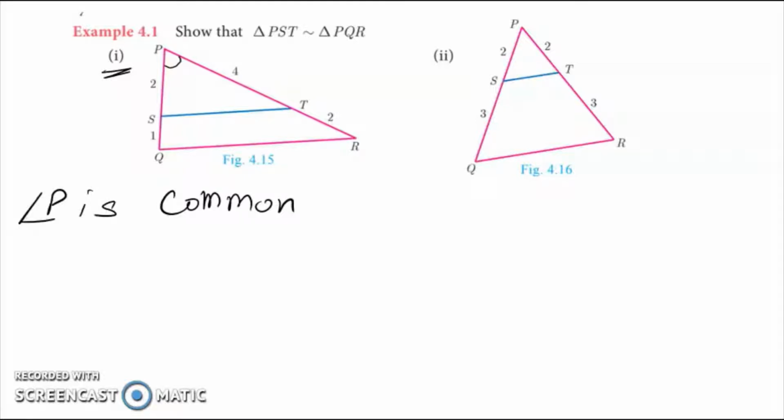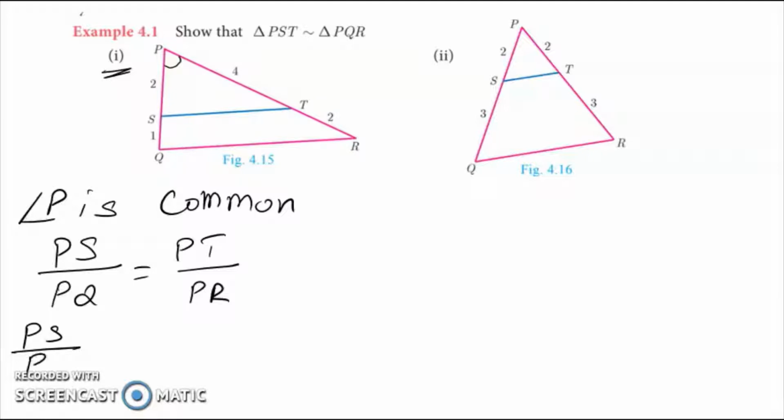We have to now prove that PS by PQ is equal to PT by PR. Okay. First, let's find what is PS.